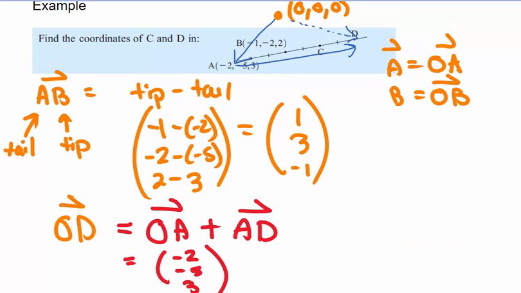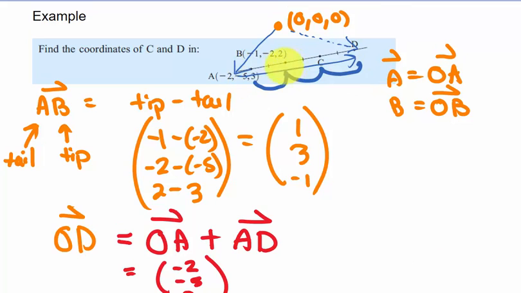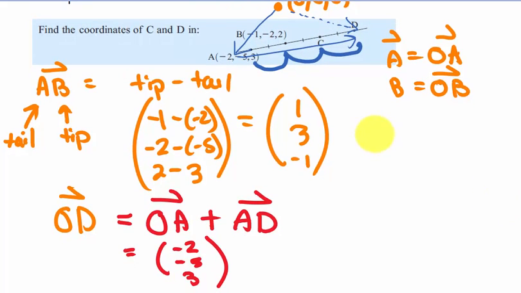If we look at our graph, AD looks like these are pretty evenly spaced. From here to here is 1 unit, here is 2, and here is 3. So between A and B is an equivalent distance as between B and C and between C and D. So we can actually say that AD is equivalent to 3 times AB.